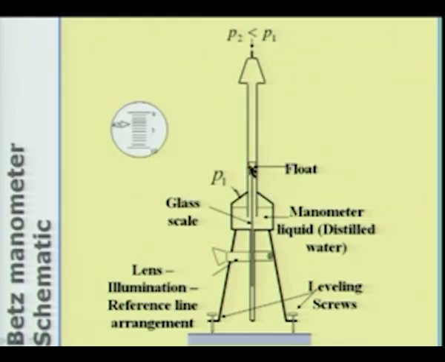I have a float, which stays at the meniscus of the water in this tube, and to the bottom of the float is connected a glass scale which dips into the lower chamber, a small tube into which this glass scale dips.